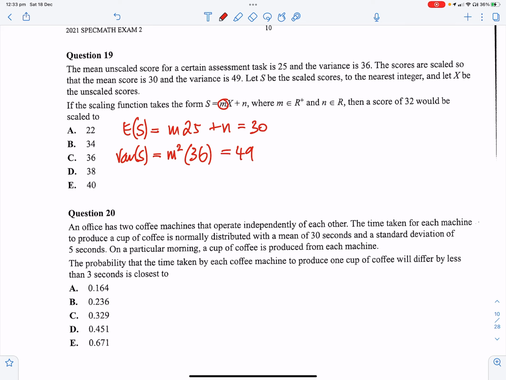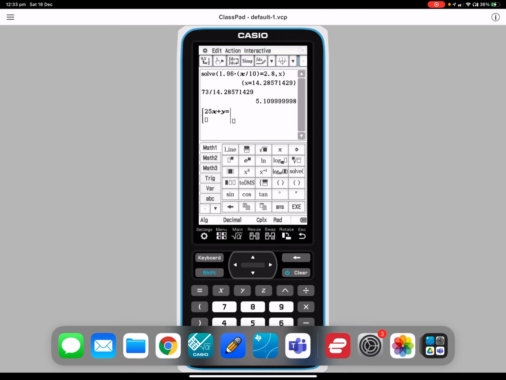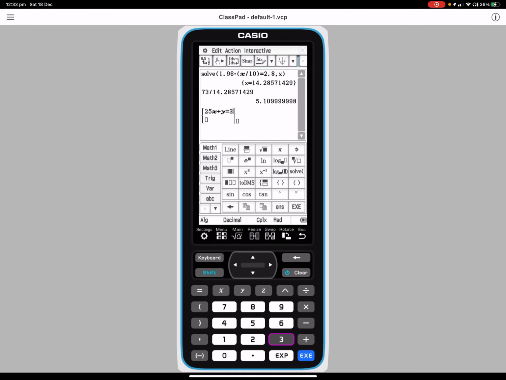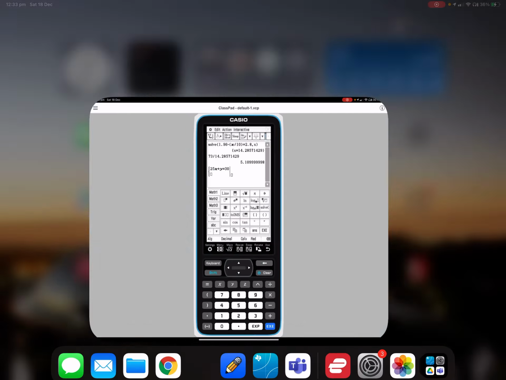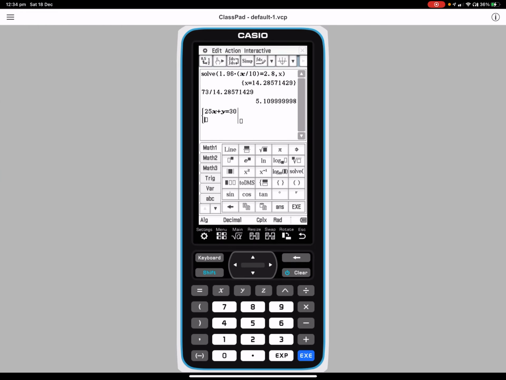So 25m plus n equals 30, and 36m squared equals 49.